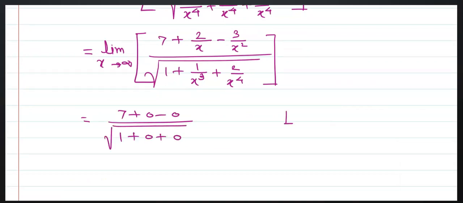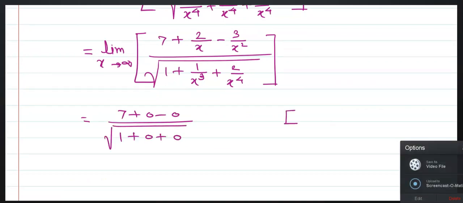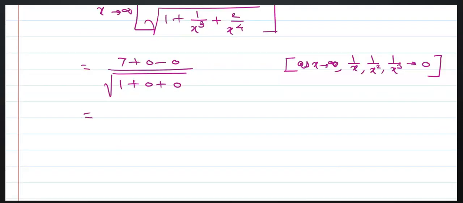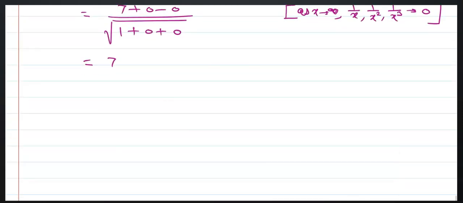Therefore, the answer is 7 as x tends to infinity. All these become 0, that is equal to 7. Therefore, the limit L is equal to 7.